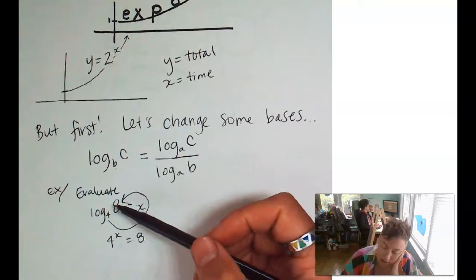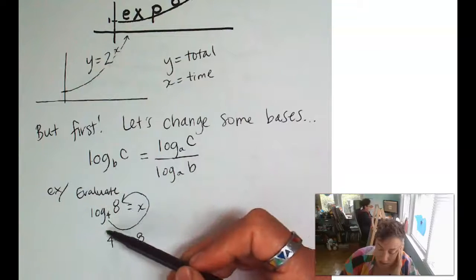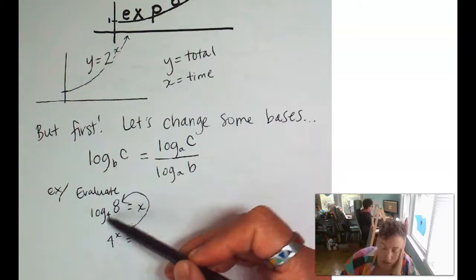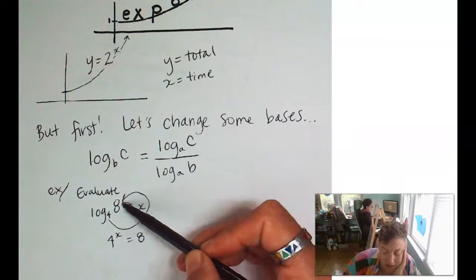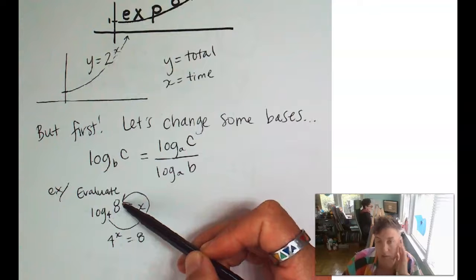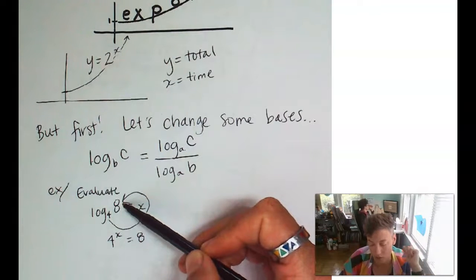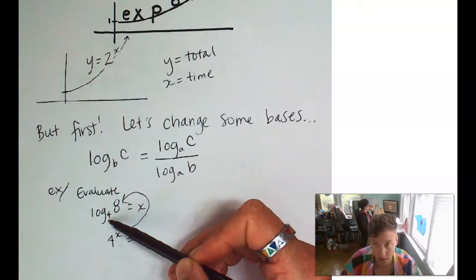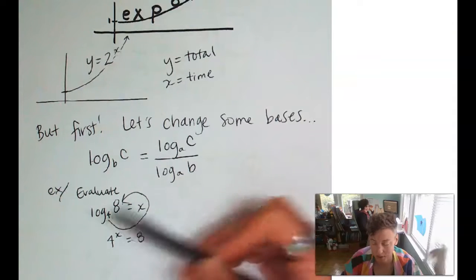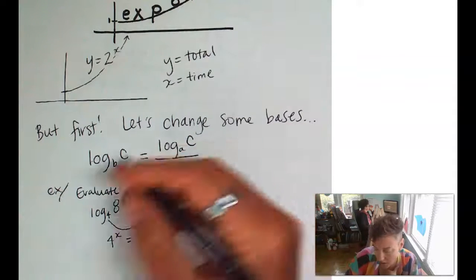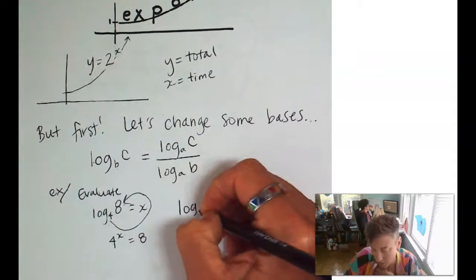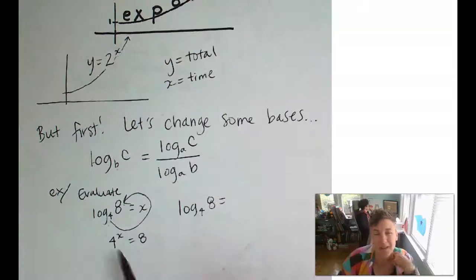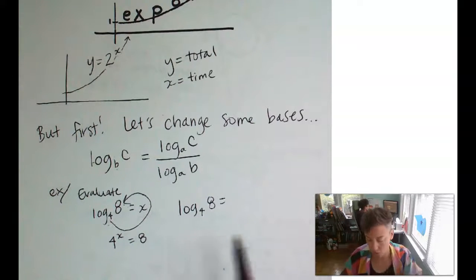Instead, if we could use base 2, I know what 8 is in base 2. It's 2 to the third, and I know what 4 is in base 2. It's 2 squared. So those could be evaluated. So let's change this log base 4 of 8 into base 2.